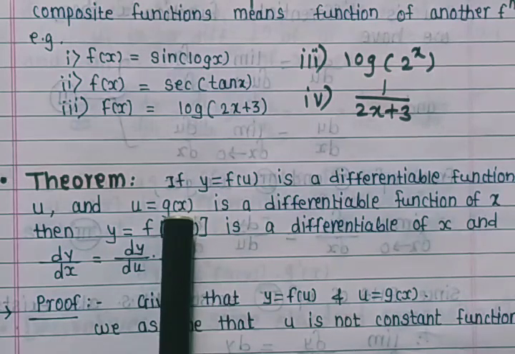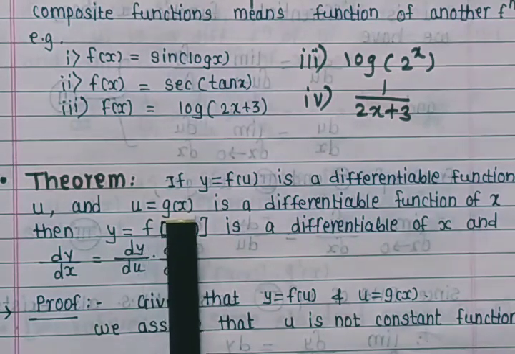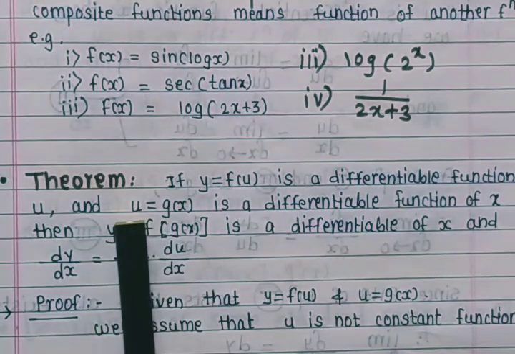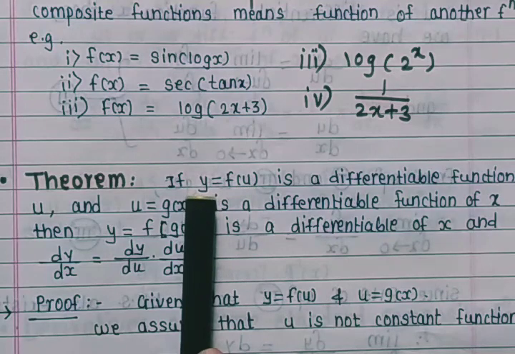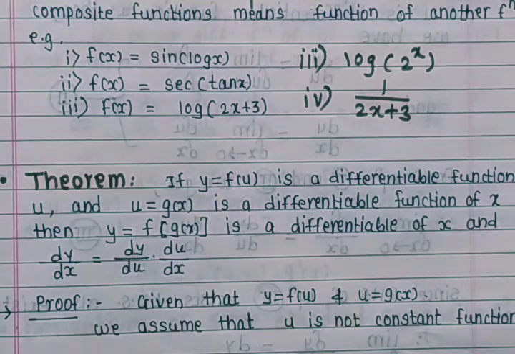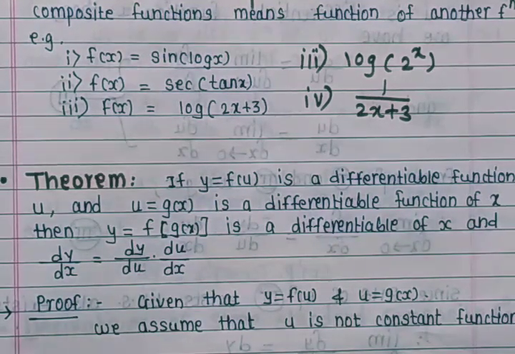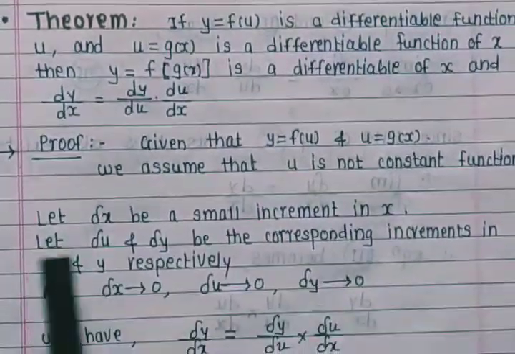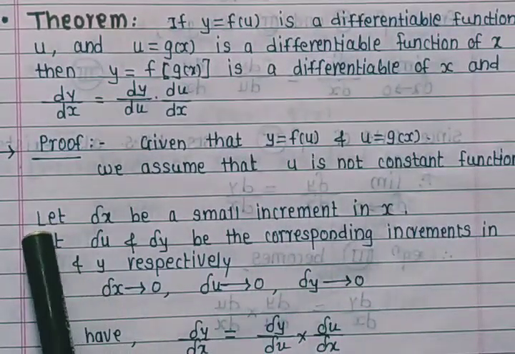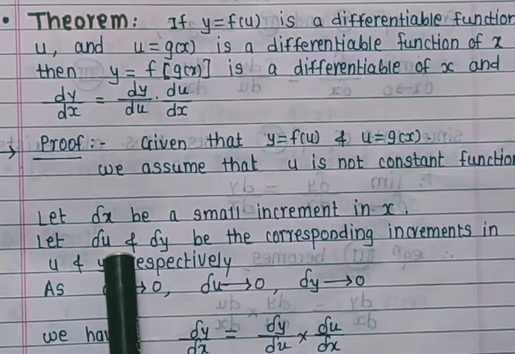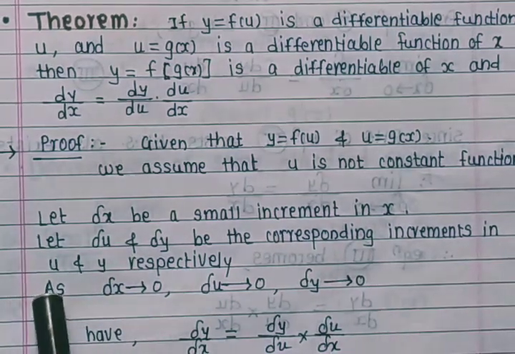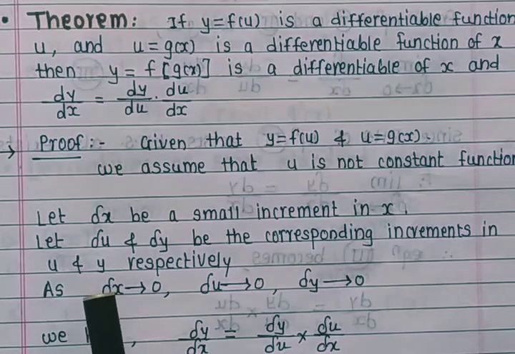If we add a small change in x, it affects the value of u. And if we add a small change in u, this will affect the value of y. Therefore, firstly we consider the small increment delta x in x. So, let delta x be the small increment in x, and let delta u and delta y be the small increments in u and y respectively.